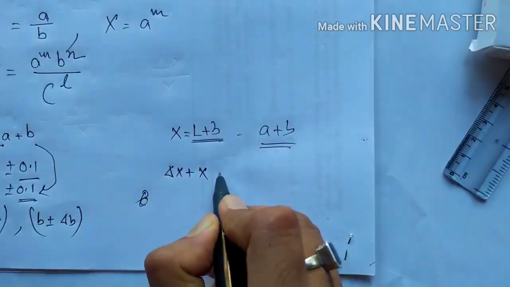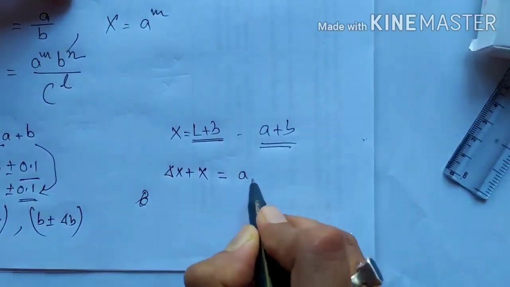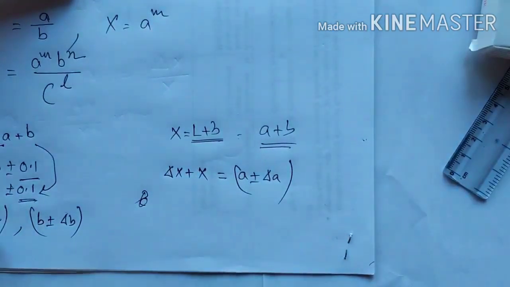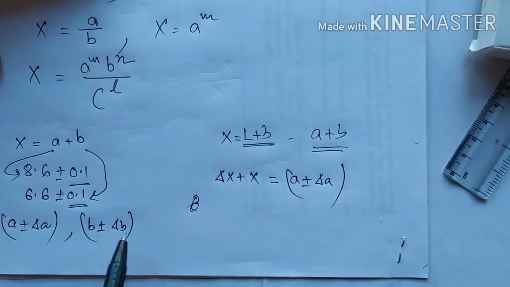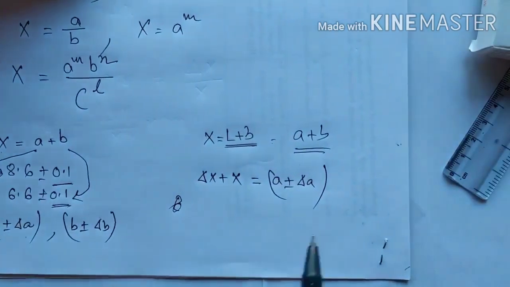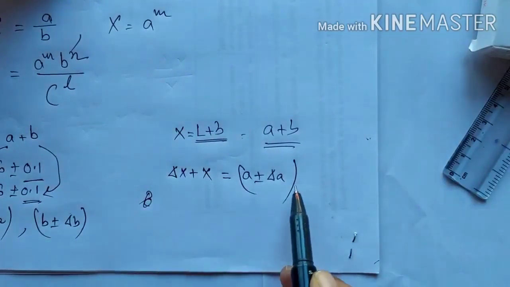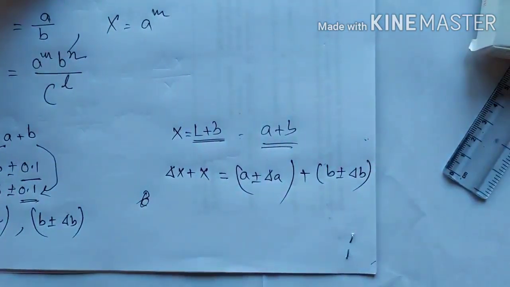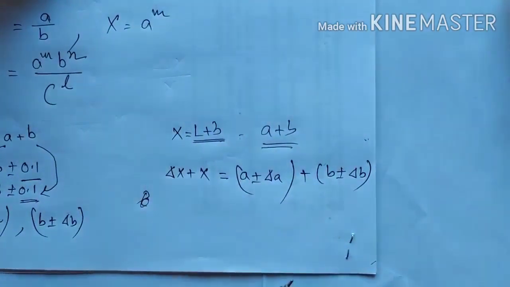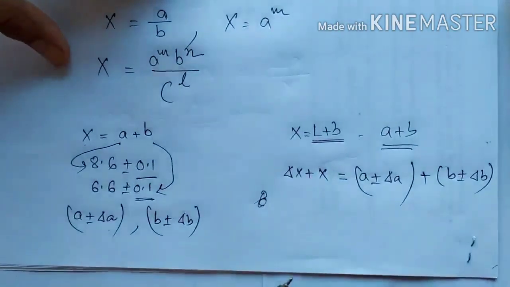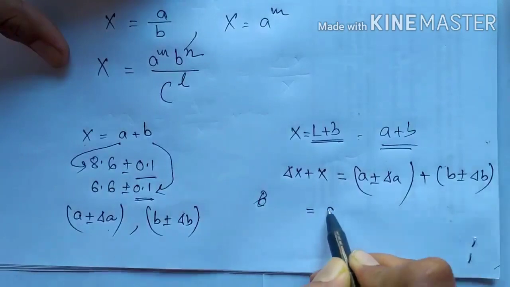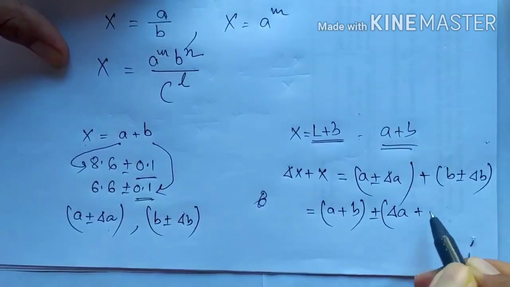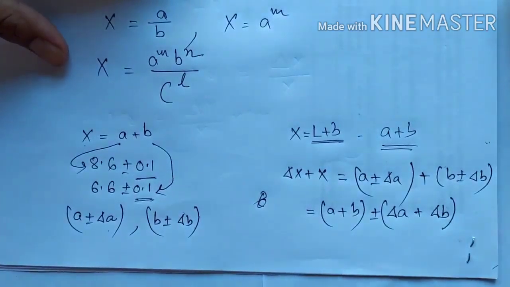So x plus minus delta x will be equal to A plus minus delta A plus B plus minus delta B. So I can write this equal to A plus B plus minus delta A plus delta B. Simple mathematics.